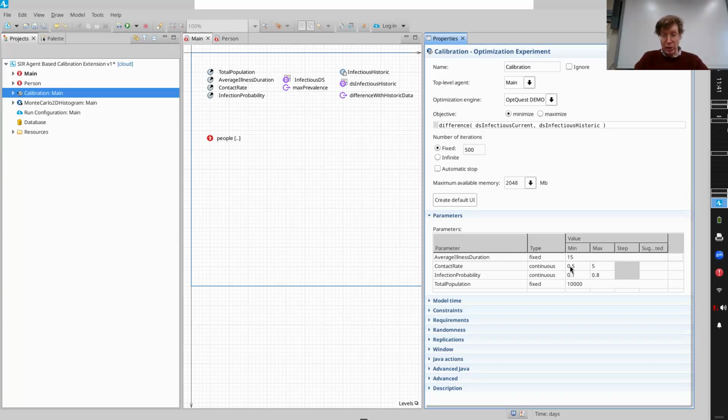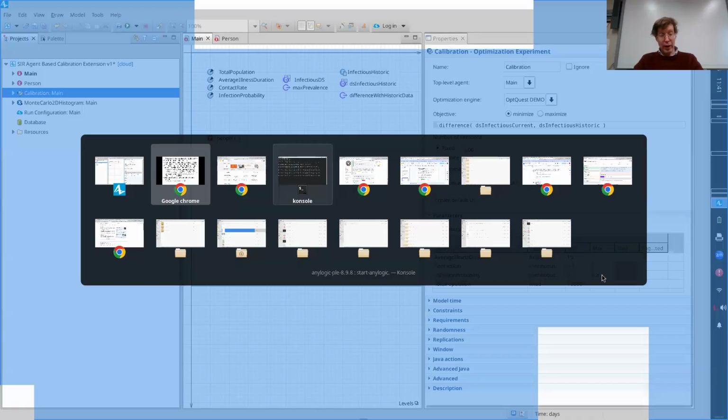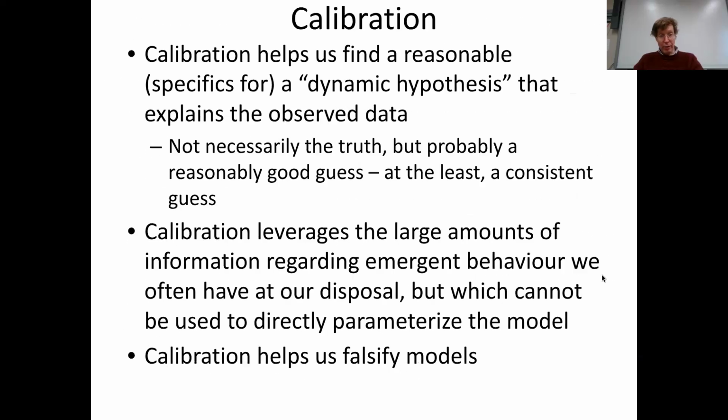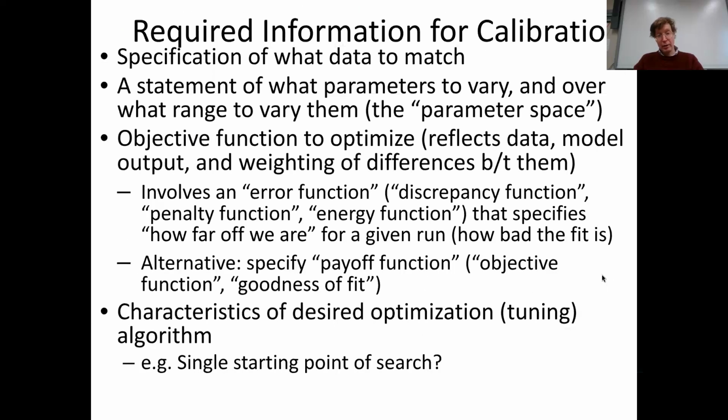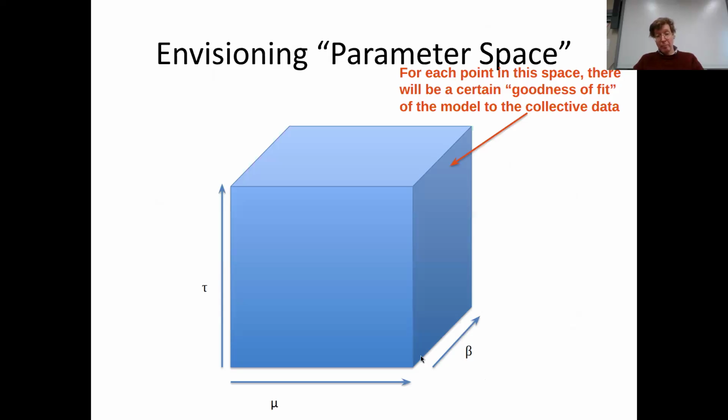We're considering values for contact rate between 0.5 and 5, and for infection probability between 0.1 and 0.8. This is like exploring a 2-dimensional plane, where this might be contact rate and this is infection probability, and we're adjusting assumptions about them.